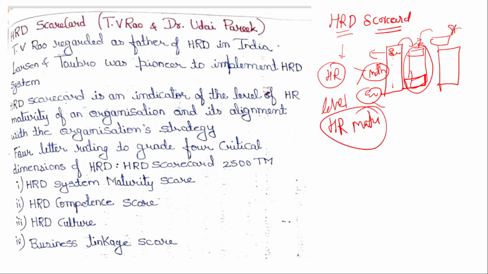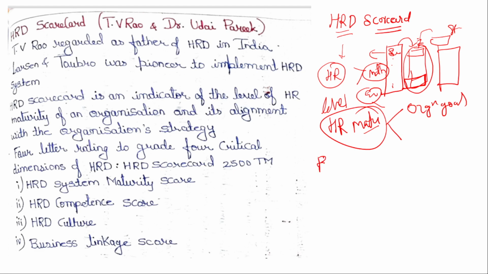Now, what is maturity? To what degree is your HR, human resources or HRD system, matured enough to achieve the organizational goal? Now, what does this all mean? Going further, before I go into the detail, let's understand three things.